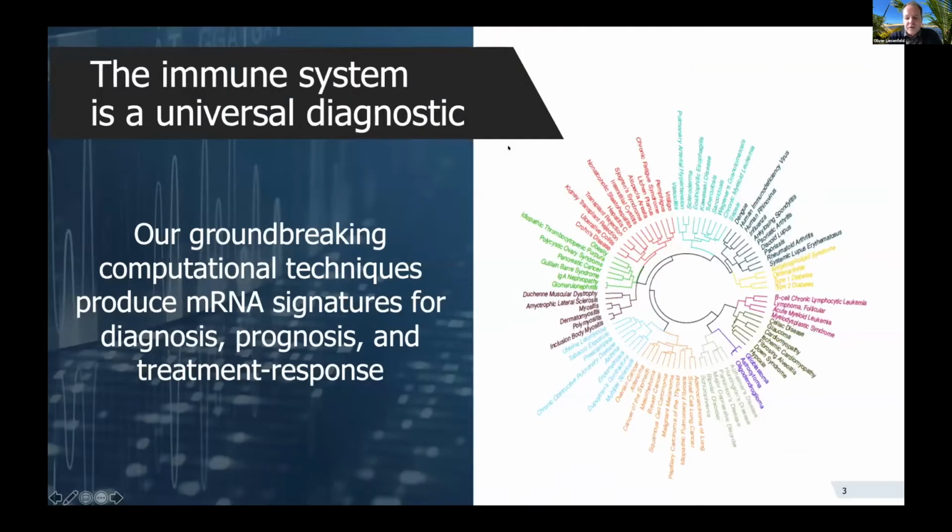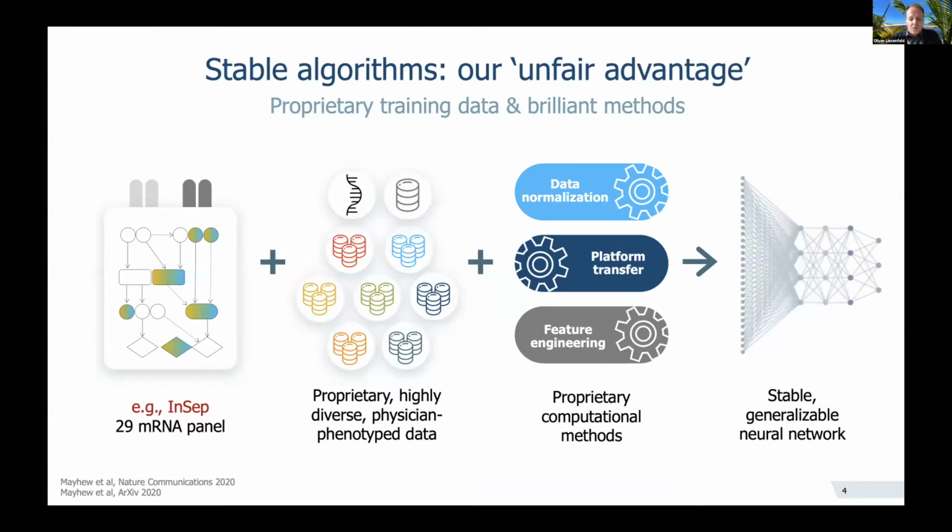So we at Inflammatics think that the immune system is actually a universal diagnostic, and we feel that our groundbreaking computational techniques produce mRNA signatures that can help in diagnosing, prognosing, and treatment response prediction. What we do is we mine public and private databases to generate RNA panels that consist of multiple target genes.